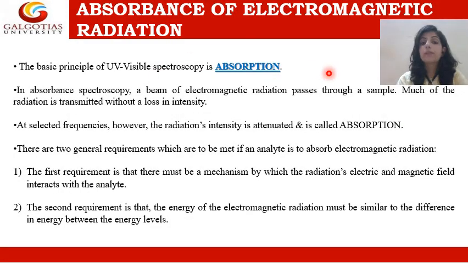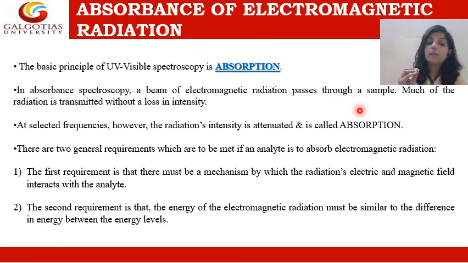Now next we will discuss in detail what is absorption of electromagnetic radiation. As you all know, the basic principle of UV visible spectroscopy is absorption, that is your molecule will absorb the incoming UV visible radiation and will show transition from the ground state to the excited state. In absorbance spectroscopy, a beam of electromagnetic radiation passes through a sample.